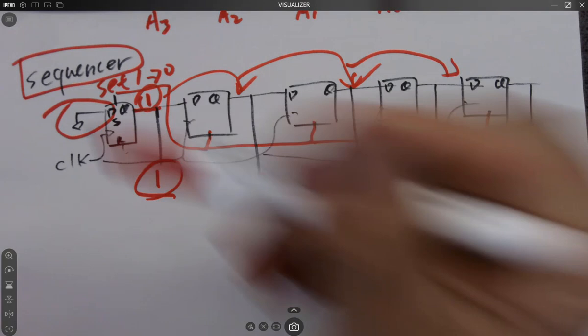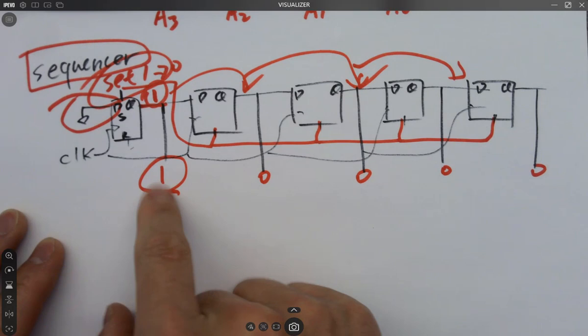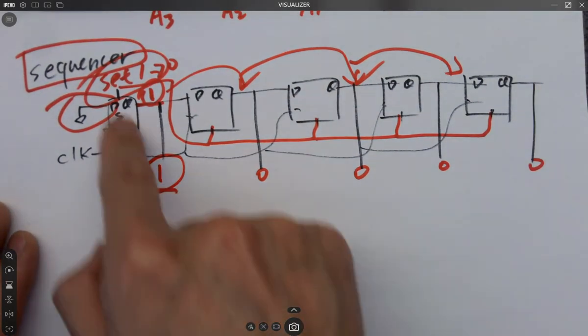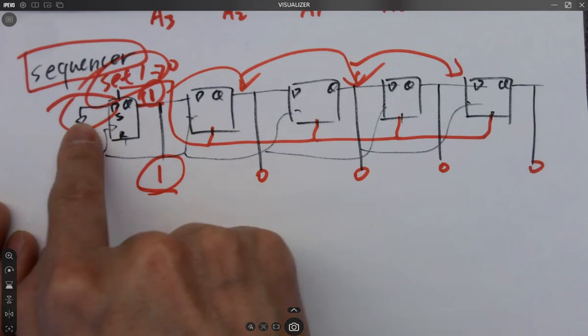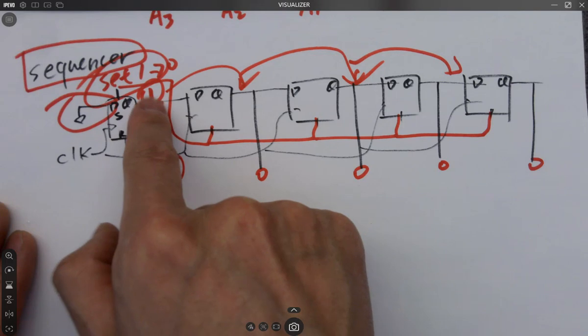Because I set it at the very first cycle, right? I set it. So when you set it, nothing works. No D will go to Q, or nothing from D will go to Q. Eventually after I release it, it becomes a normal D flip-flop. So this 0 will be shifted to the right every time. Same for the 1 over here.